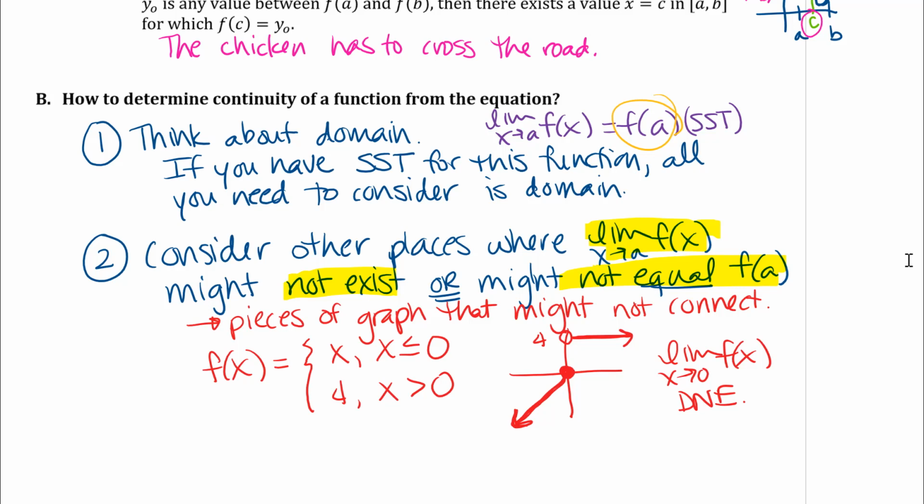All right, and again, like we talked about in the last video, when I'm thinking about continuity, I usually start by thinking about where a function might fail to be continuous, and then realizing that the function is going to be continuous everywhere else on its domain. So for this example that I have here, this function here is continuous everywhere except at 0.